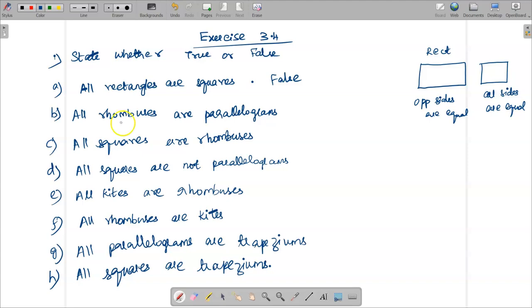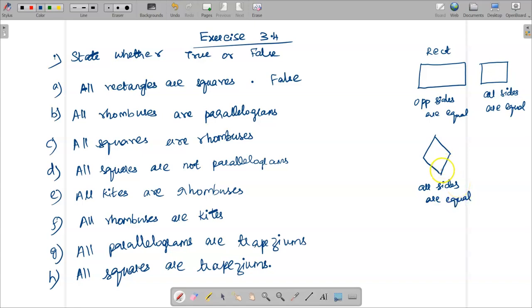Next, all rhombuses are parallelograms. What are the properties of a rhombus? All sides are equal for a rhombus, right?